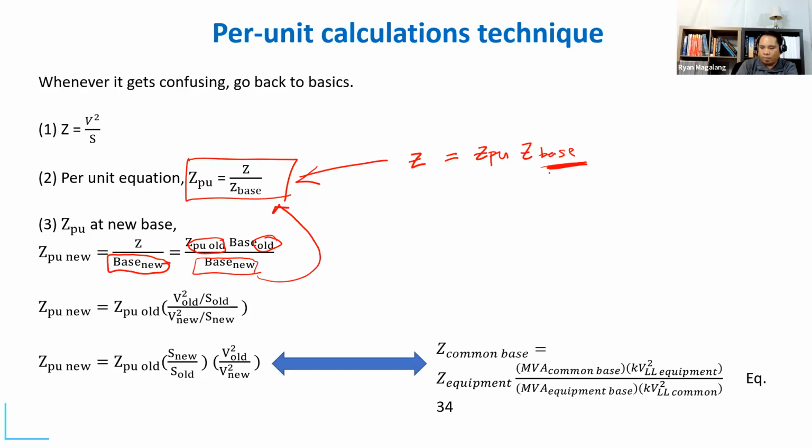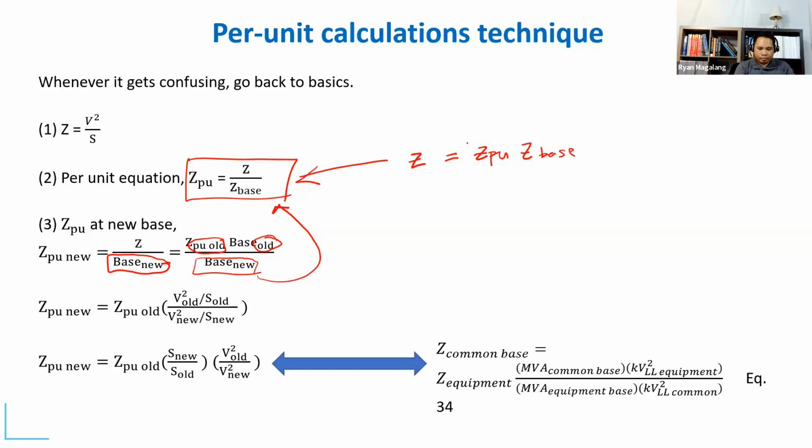Remember, your ohmic value does not change, only the per unit value changes depending on which base you have chosen. So that's the idea to remove my confusion.